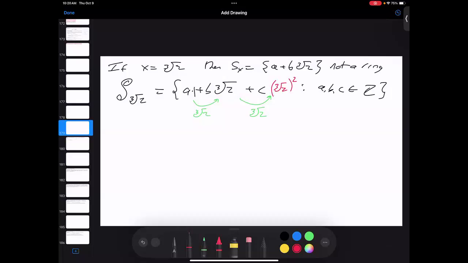And now, if I try to multiply various numbers, remember, whenever you have the cube root of 2 cubed, you get an integer.